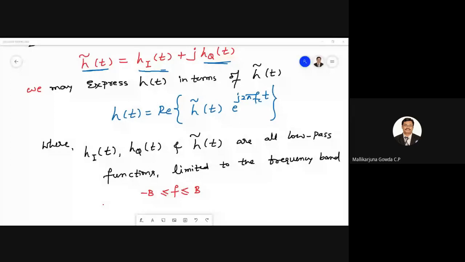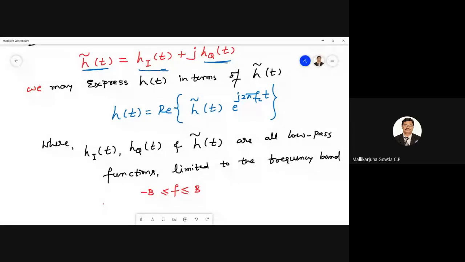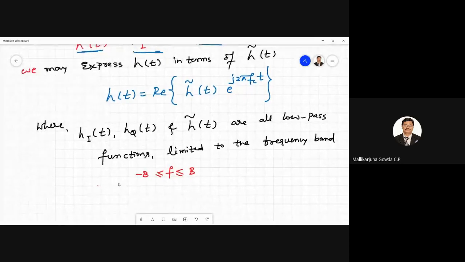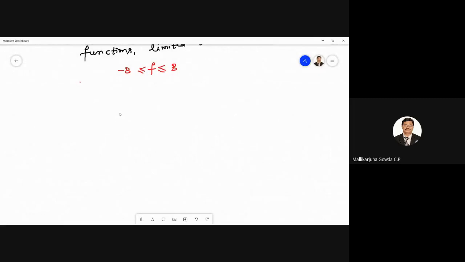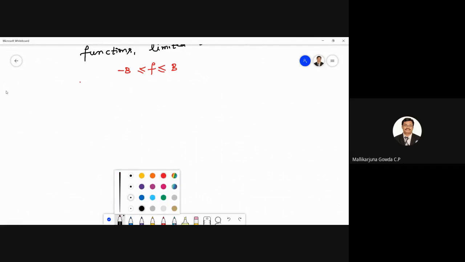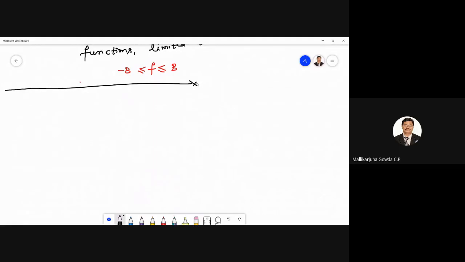Just let me take up the next topic, that is the complex representation of bandpass signals and systems. As I said, how I represented it in the time domain, in the same way it can be represented in the frequency domain also. I am leaving that part to you. Okay.